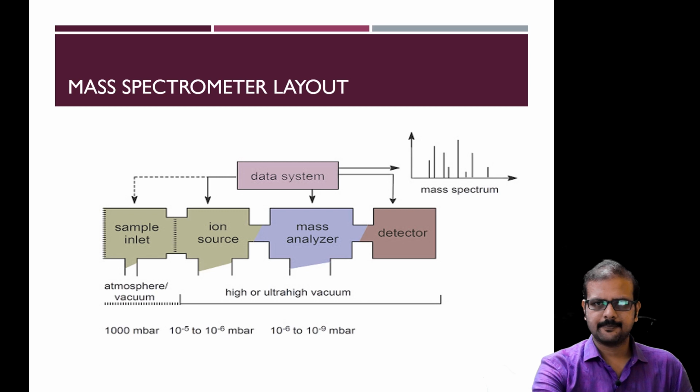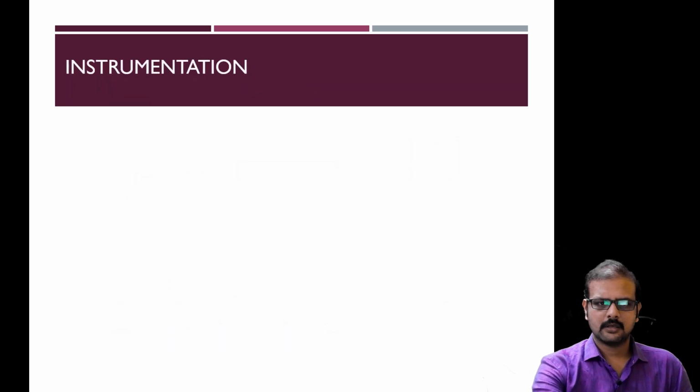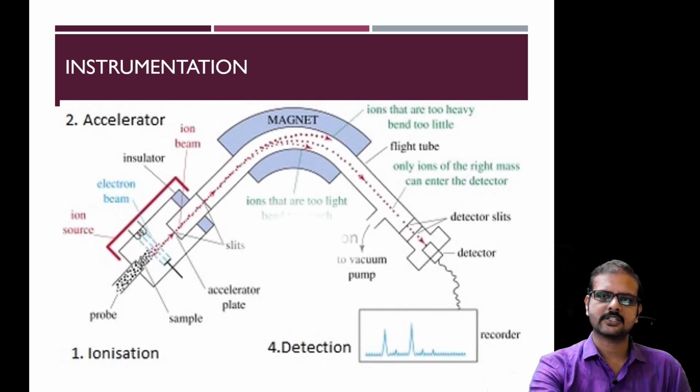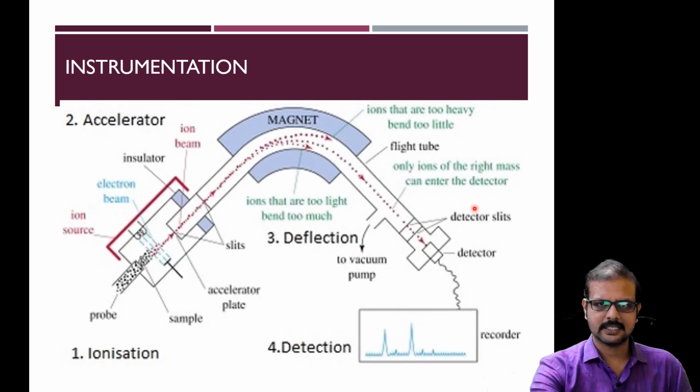So if we see the instrumentation, that means the cross section of the instrument, it looks like this. You can see that there is a bend shape. Why this bend shape, we will discuss in a later session. But if you see here, the 4 parts which I showed you in the previous slide are presented here.